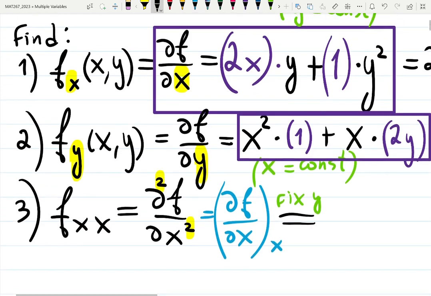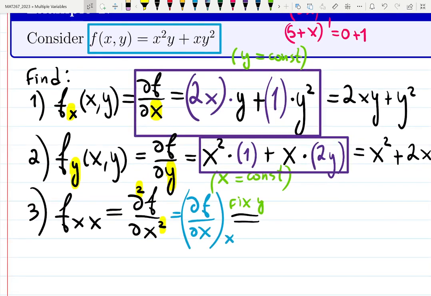Now I need to decide where to look. I have 3 equations: the original one, a derivative with respect to x, and a derivative with respect to y. I'm looking at the derivative with respect to x, the first equation. I'm looking at this answer, equation number 1.